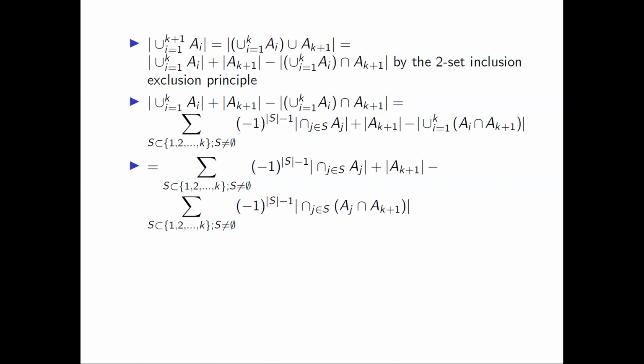And that gives us the sum over non-empty subsets S of {1, 2, up to k} of (-1) to the cardinality of S minus 1, times the cardinality of the intersection over all j in S of Aj intersect A of k plus 1.